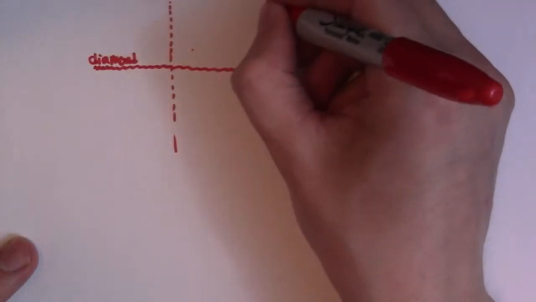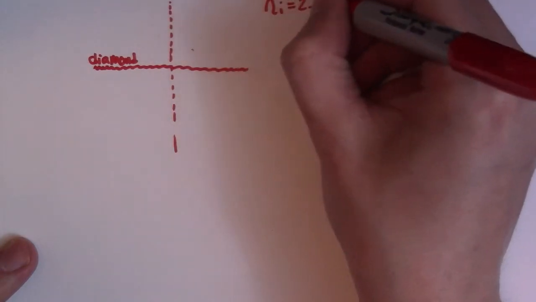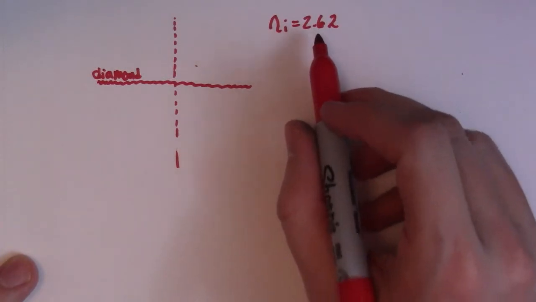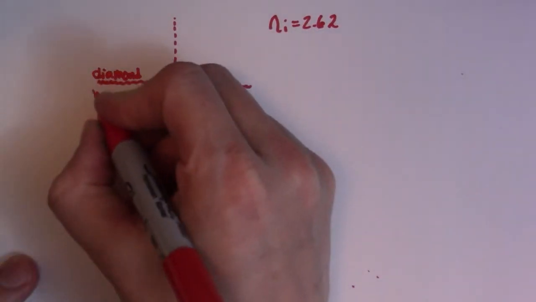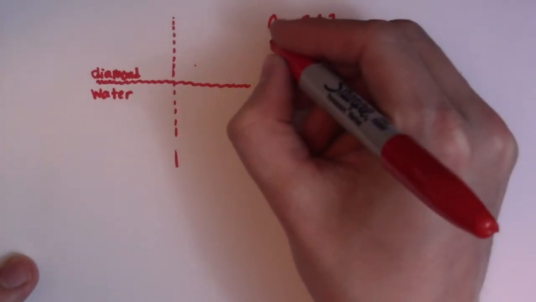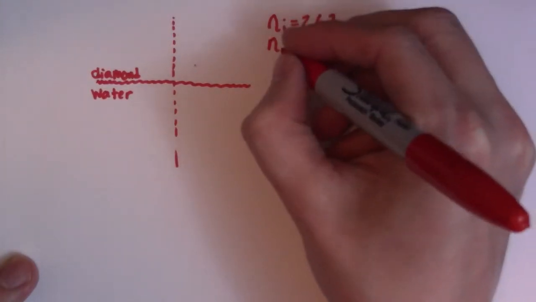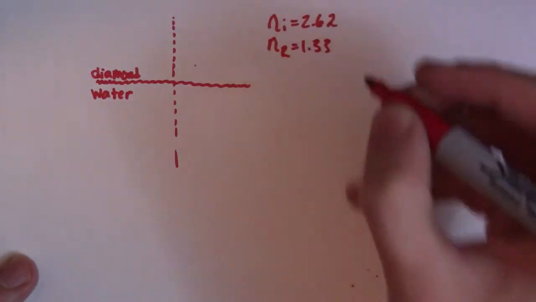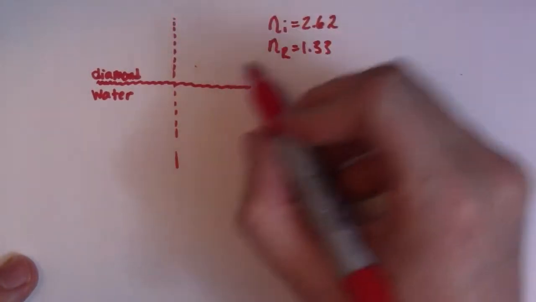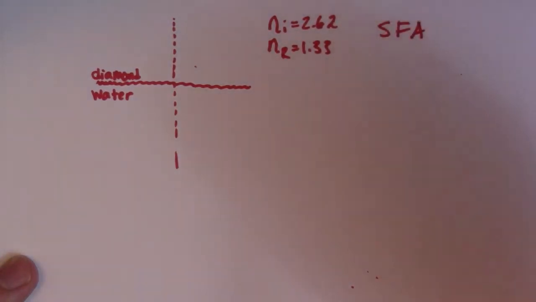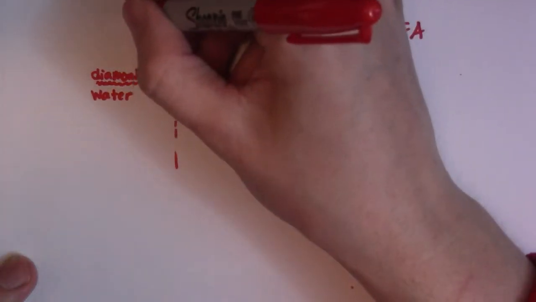So I'm going to call this Ni to be 2.62. Now I don't know that's 100% certain, but I think that's correct. And that diamond is submerged in water, so it goes from diamond to water. Let's call our Nr, water, 1.33. Now I know that one for sure. So it's going from a slow to a fast medium, so it's going to bend away, SFA. So I draw my diagram.